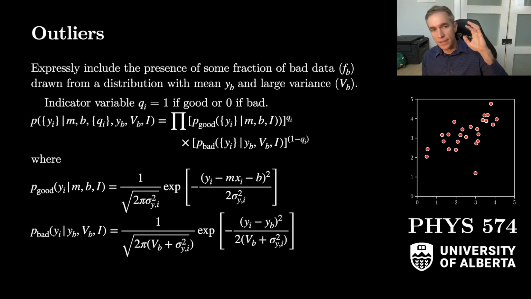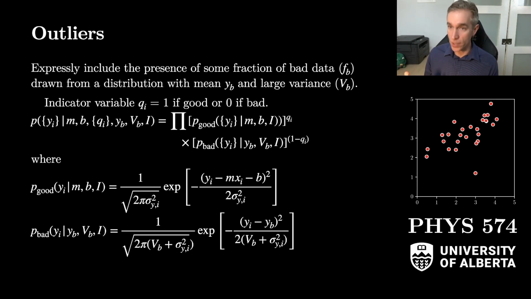We have some bad data, some fraction of those data, bad data. And they're drawn from a distribution with some mean y value and very large variance. We'll call that VB and YB respectively. And then what we want to do is we basically want to say that every datum comes along with it and has an indicator variable.